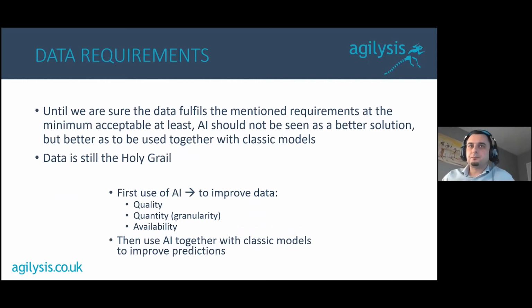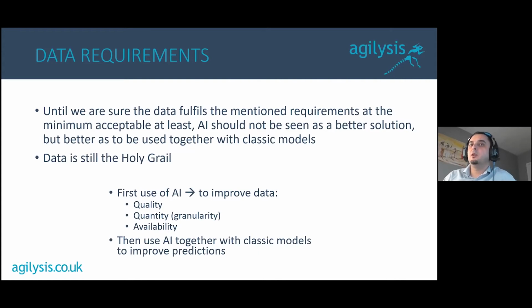Next, please. So as I was saying, until we are sure that the data fulfills the mentioned requirements, and probably some more, at the minimum acceptable level, I don't think, and probably my colleagues will agree, that we should use AI in isolation as a better solution. Better to use it together with classic models to get better prediction, but make sure that we don't miss important problems.